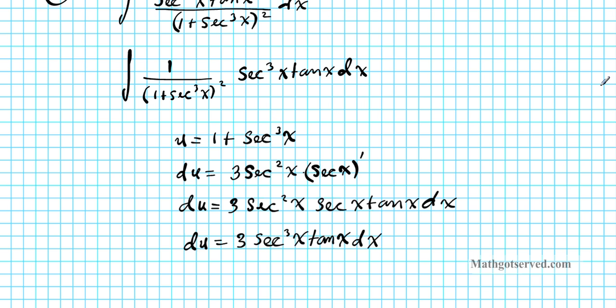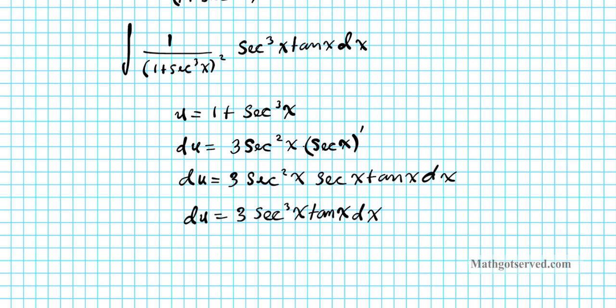Okay, so all we just have to do is divide by what that multiple is, and then we can make our substitution. So basically divide both sides by 3. And that's du right there. So du over 3 is going to be secant to the third x tan x dx. Okay, so now that's what we're going to do.